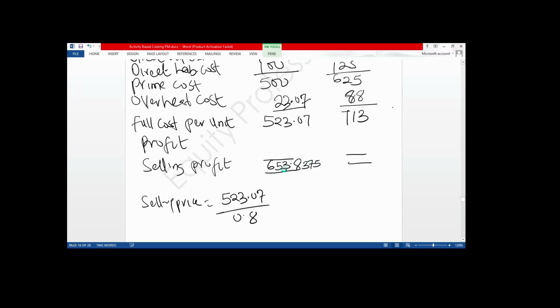You can approximate to 654. Once you get this, you can get your profits.